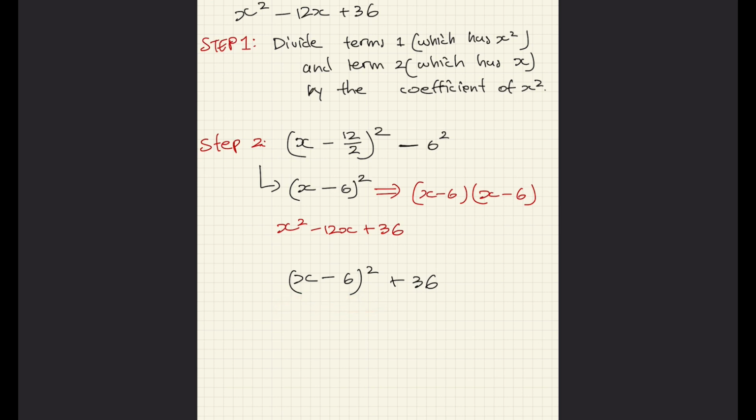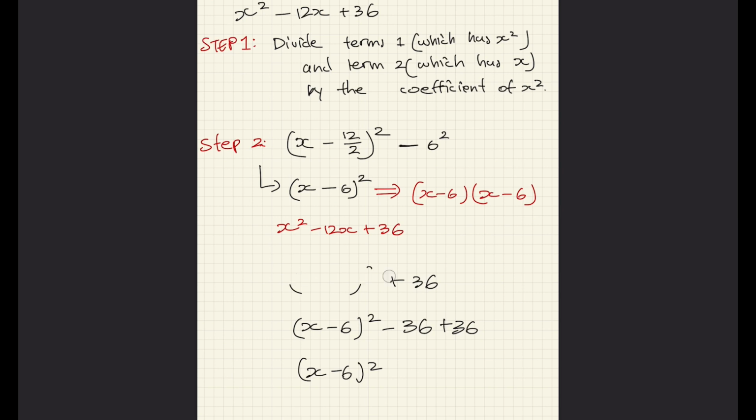So what we need to do is minus the plus 36 from this square function. So we go x minus 6 squared minus 36 plus 36, which means we get x minus 6 squared plus 0, which is why it works.